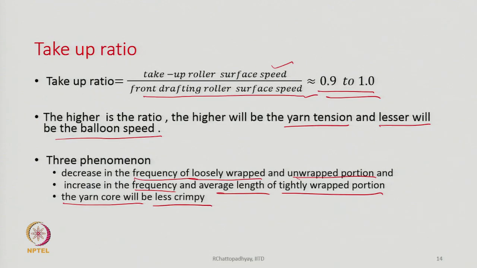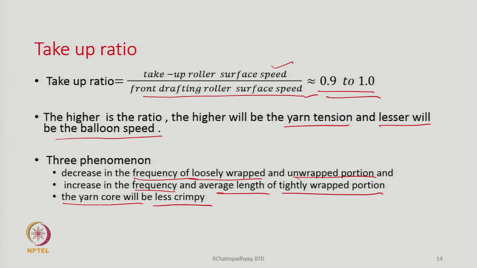Second, if this crimpy core exists in the yarn and we convert it into fabric, this will also give the fabric a very harsh feel. So, these are some of the drawbacks with these yarns.